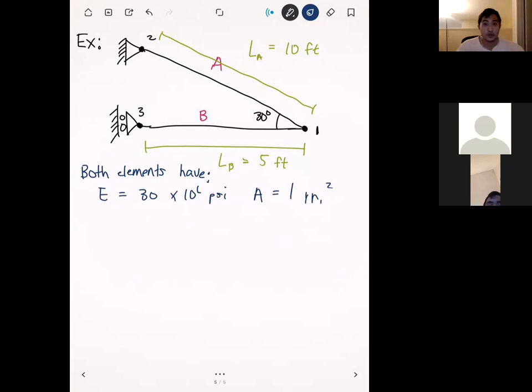All right. And so what we want to do in this problem is first we're going to solve for the finite element solution for all of the nodal displacements.